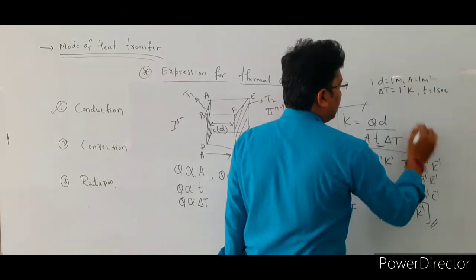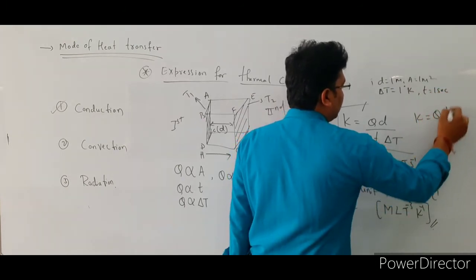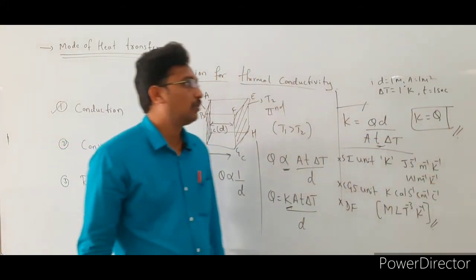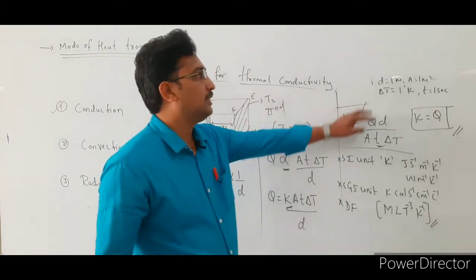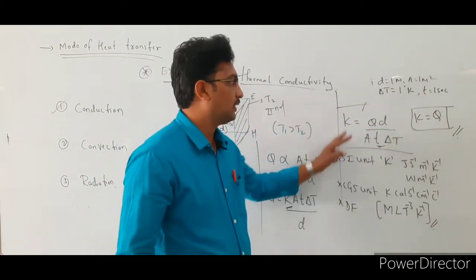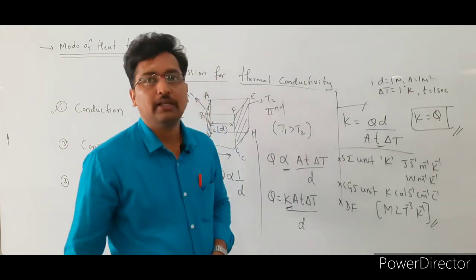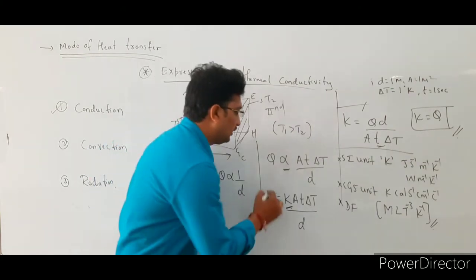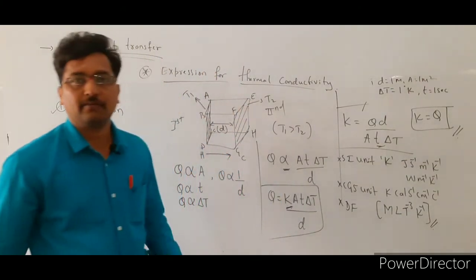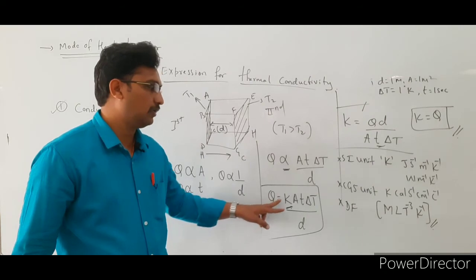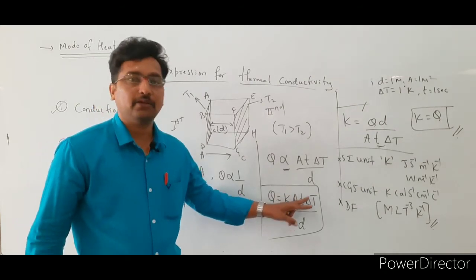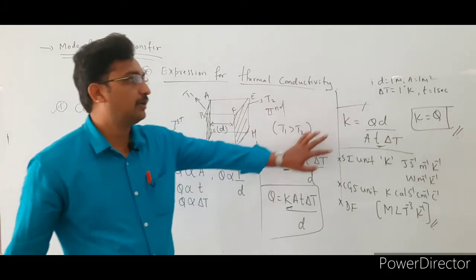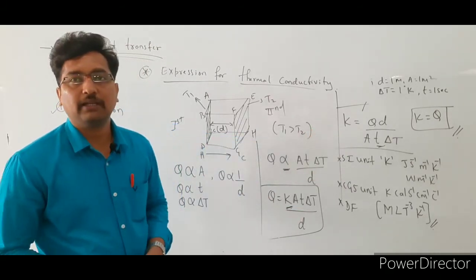In that case, if we substitute, K is equal to Q. This formula is very important to calculate the amount of heat transfer from hot end to cold end, that is Q is equal to K into area into time into change in temperature divided by distance d. And this expression is used to find the coefficient of thermal conductivity.